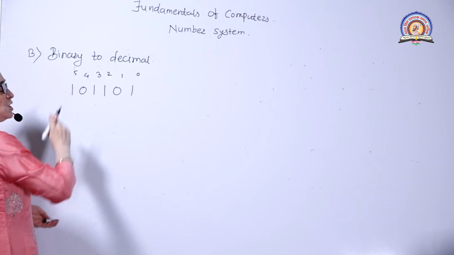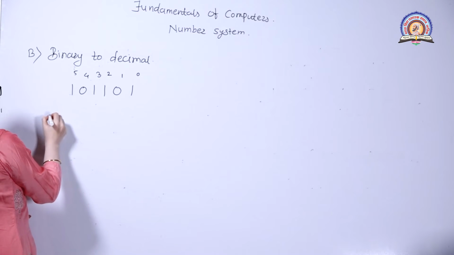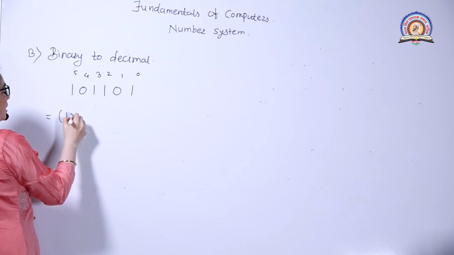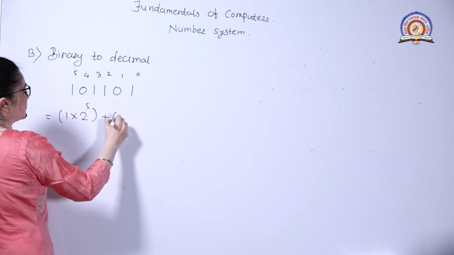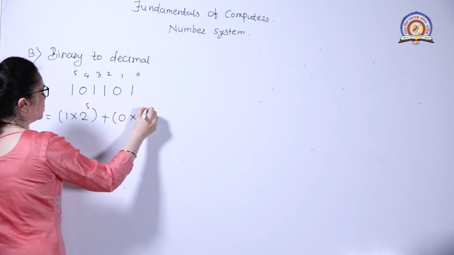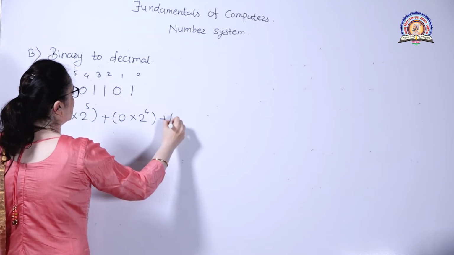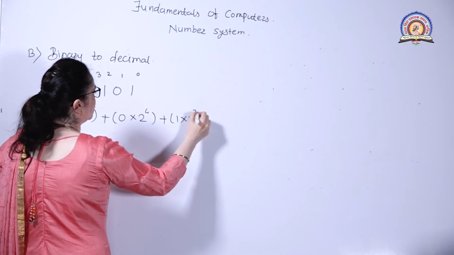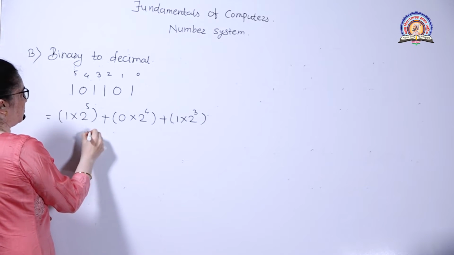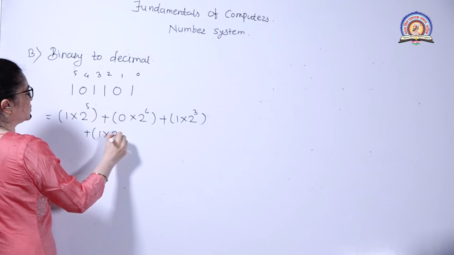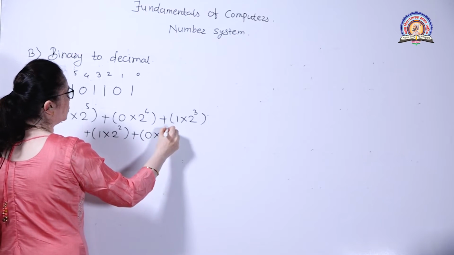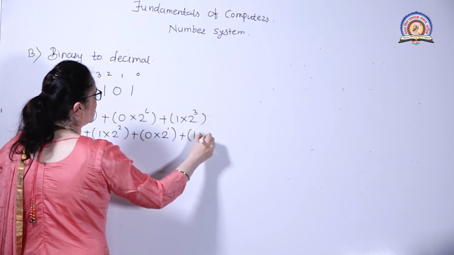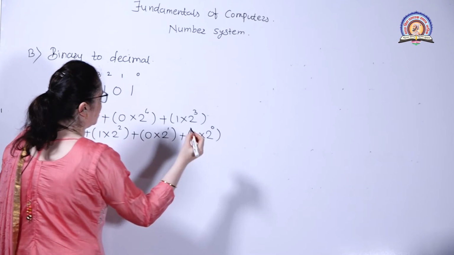You have to write down these powers and then do the multiplication. 1 into 2 raised to 5 plus 0 into 2 raised to 4 plus 1 into 2 raised to 3 plus 1 into 2 square plus 0 into 2 raised to 1 plus 1 into 2 raised to 0.